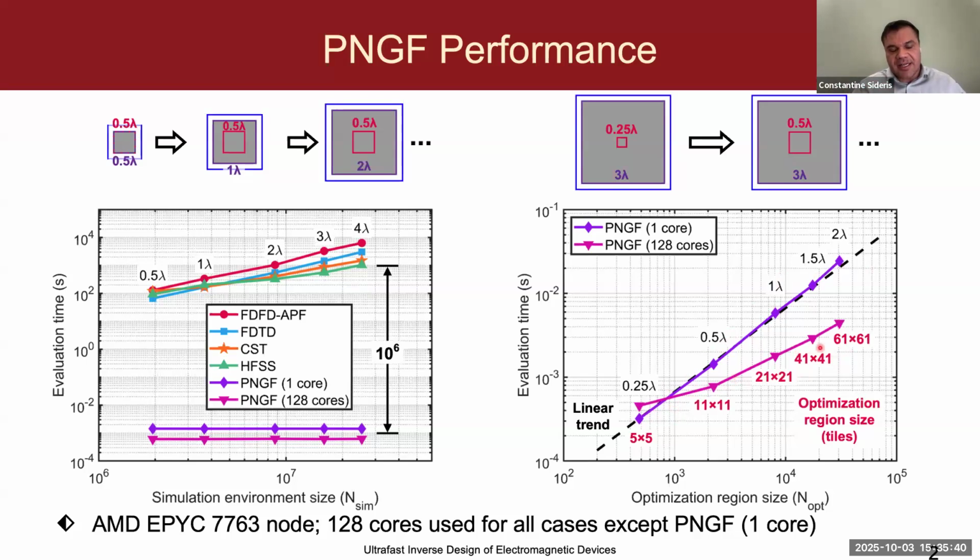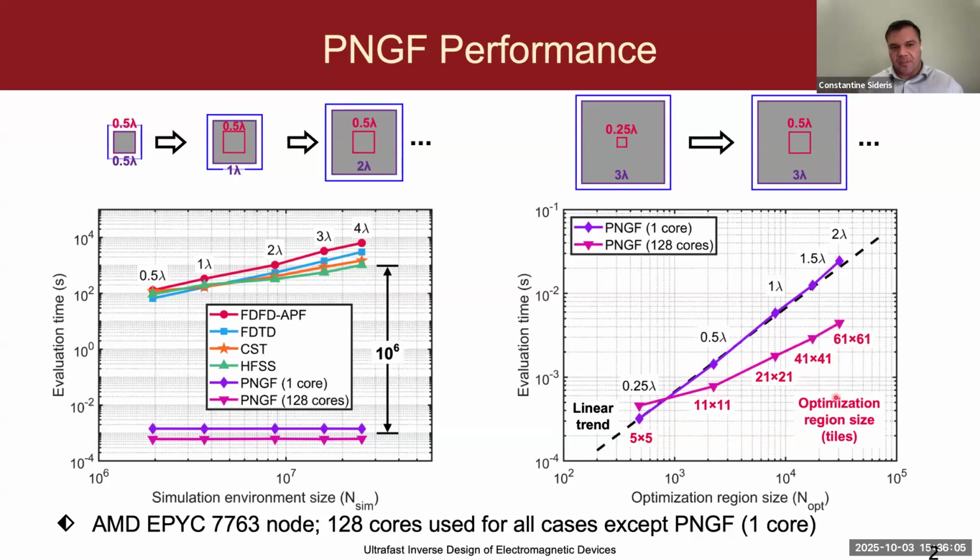The higher number of cores, the more parallelized solution, appears sublinear. The reason for that is that for the smaller problems, the full number of cores, which is a server with 128 cores here, are not able to be used as efficiently as with the larger problems. And so it seems like you're getting faster performance as you increase the size of the problem, but it's not due to the algorithm.